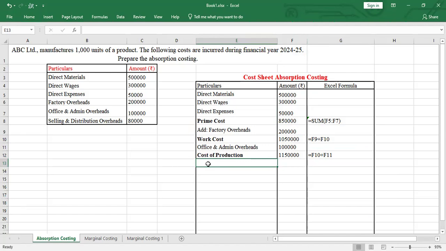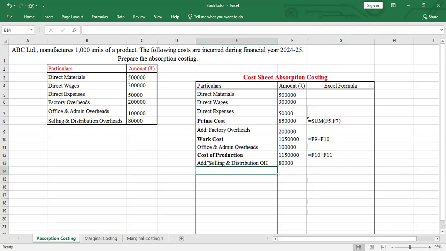Apart from that, next we have to move forward to add selling and distribution overhead. Add selling and distribution overhead. That is 80,000.